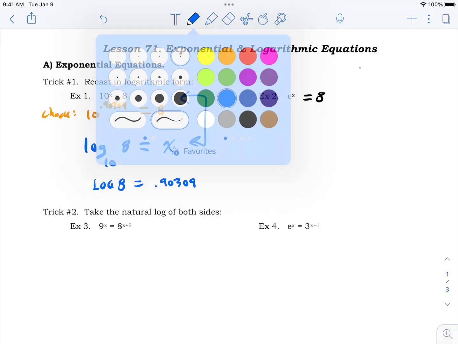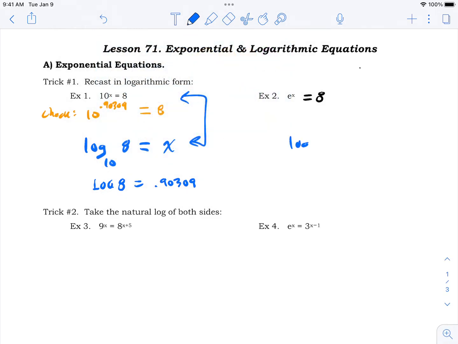So pretending that was there, I'm going to recast as a logarithm, just like I did over here. Swooshy move. The base to this is equal to this. e to the x power equals 8. That's just the equivalent form of this statement. This is the exponential form. This is the logarithmic form. They both say exactly the same thing.